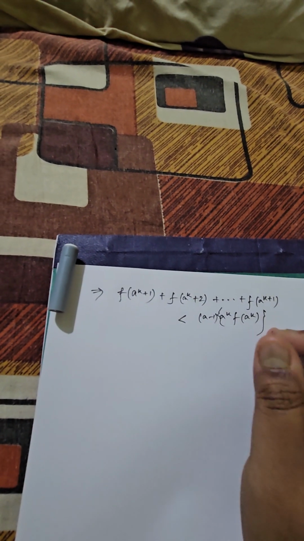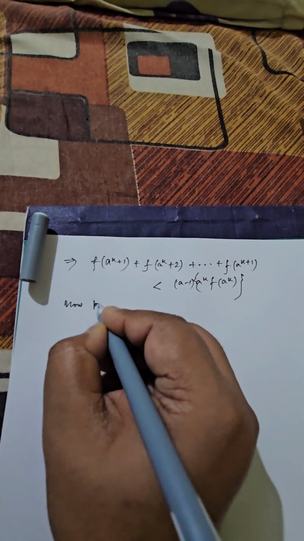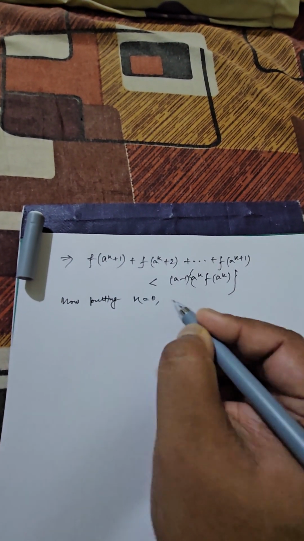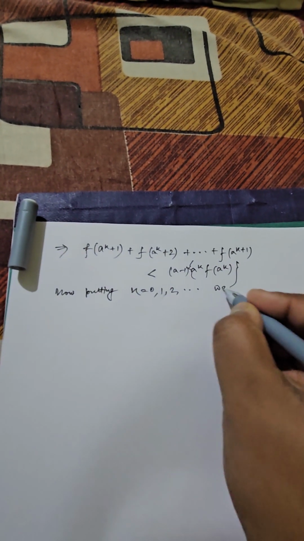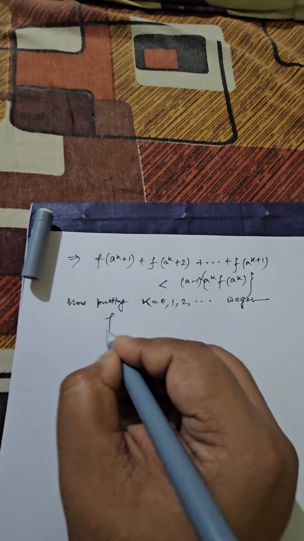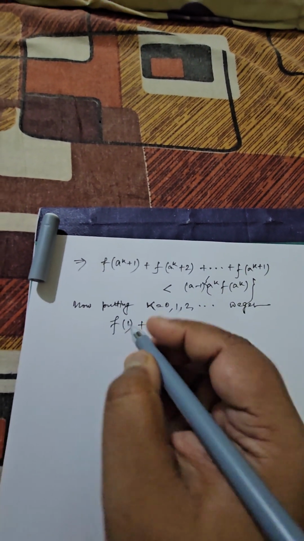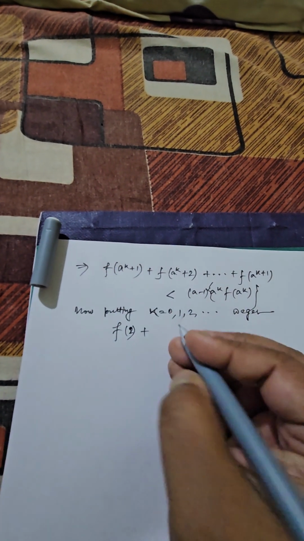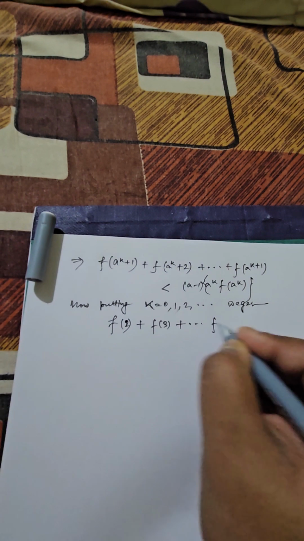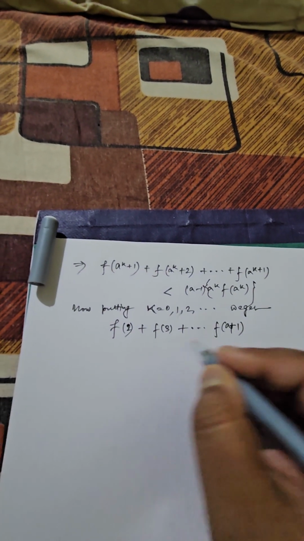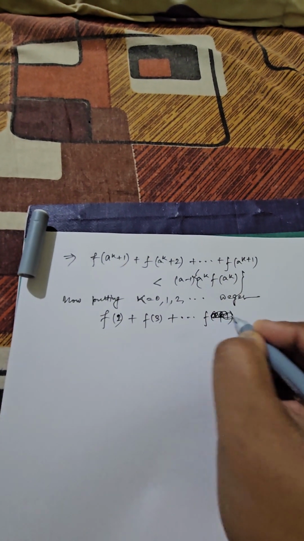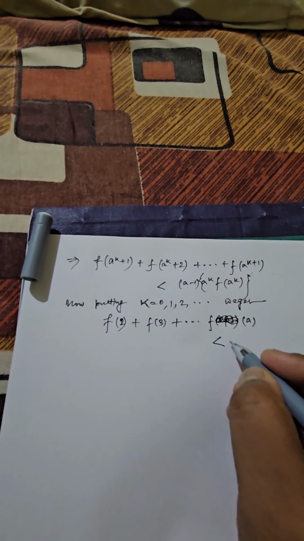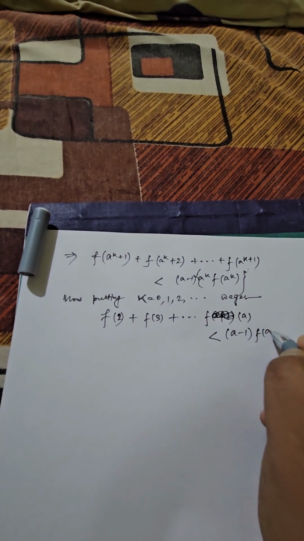So this is the structure under consideration. Now putting k equal to 0, 1, 2 and so on in this expression, you will get f of 2, f of 3, plus dot dot dot f of a, which is less than (a minus 1) into f of 1.